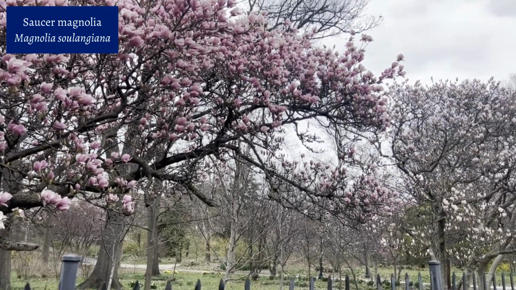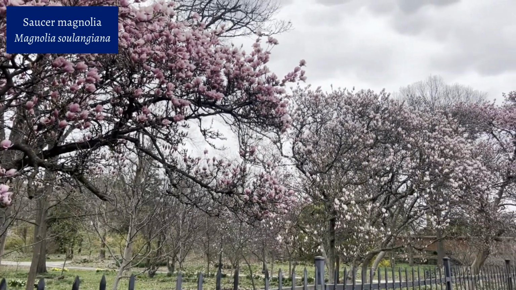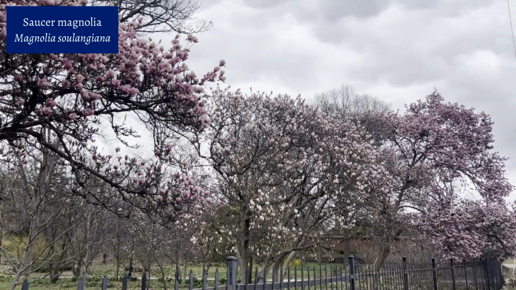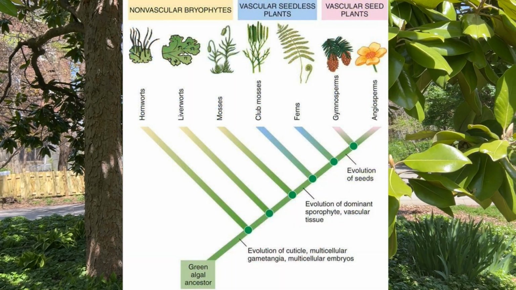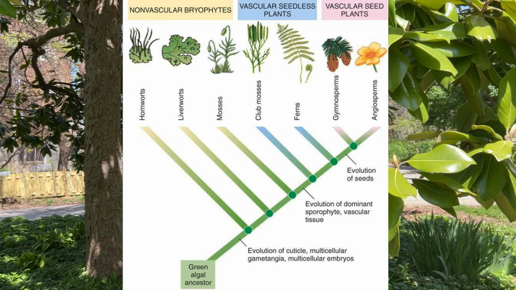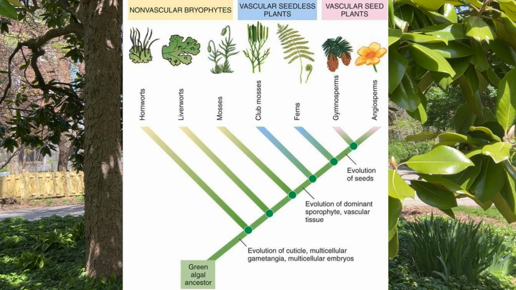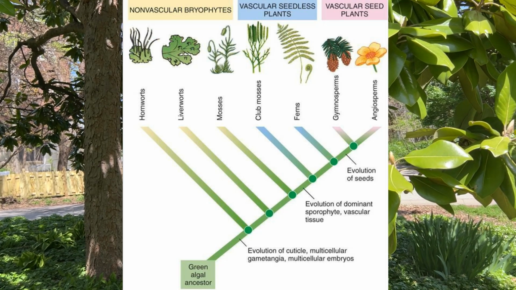When we talk about plant evolution, we can think about how plants evolved from our aquatic areas onto terrestrial land, and then the further evolution of these plants as they moved from spores to exchanging genetic information, to having cones and gymnosperms, and to our angiosperms. When we think about these magnolias, we can really appreciate all of their amazing features that haven't changed that much over time. And so you know that they're doing something right.